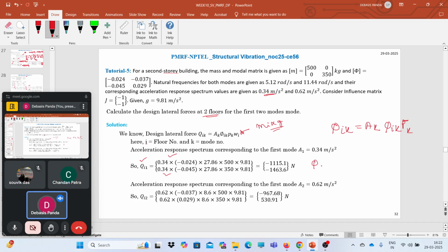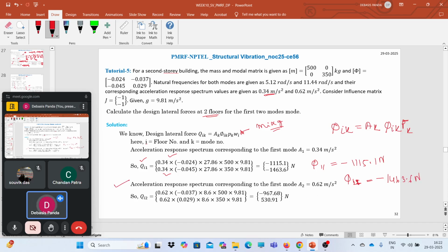So your Q11 comes as minus 1115.1 Newton, and Q12 or Q21 comes as minus 1463.6 Newton.